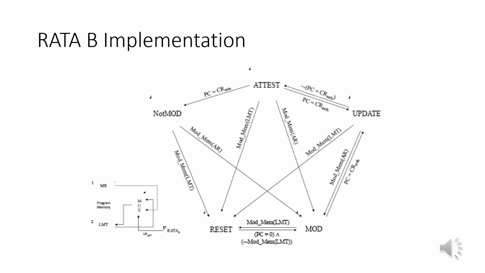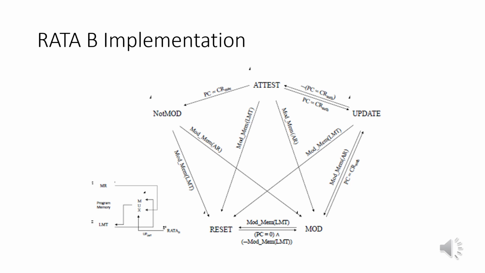When a call to attest is made, two possible actions can occur. If the finite state machine is in not mod state, attest is computed normally and the finite state machine remains in the same state. Otherwise, the state machine stays in the mod state until the condition program counter is equal to the CR auth is met, implying successful authentication of the verifier.